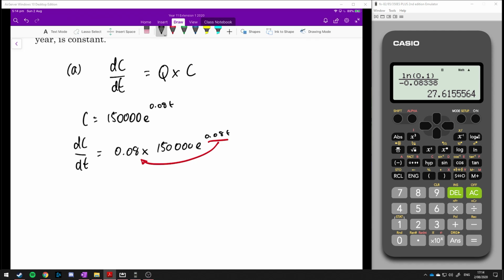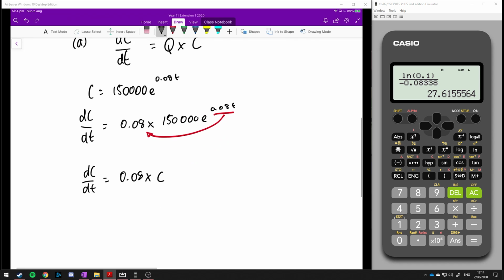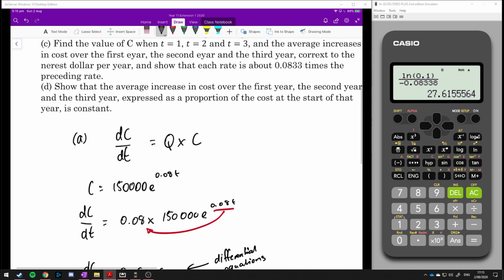And as you can see, that means that dC/dt is equal to 0.08 times our cost function. And again, this gives us another one of these differential equations, because we've got the derivative part and we've got the function bit. So dC/dt is proportional to C with a constant of proportionality of 0.08. That's it. Okay, part B.